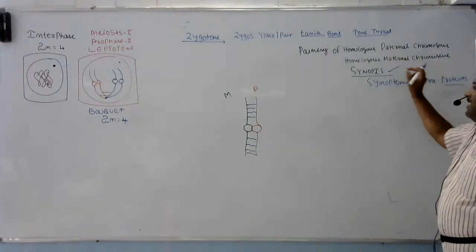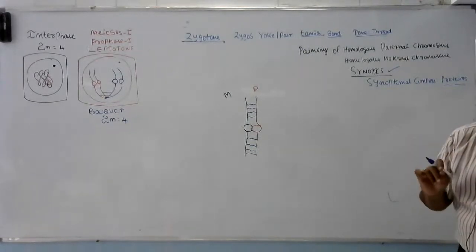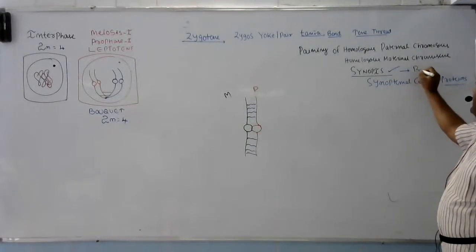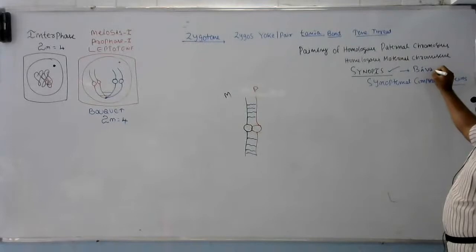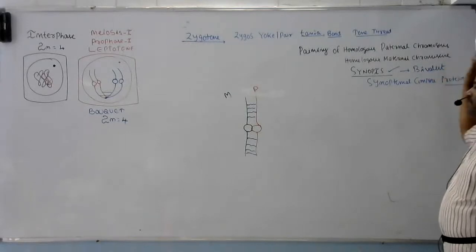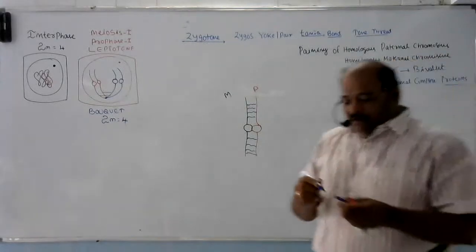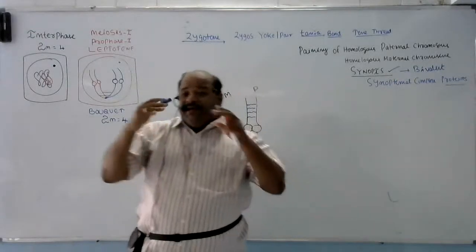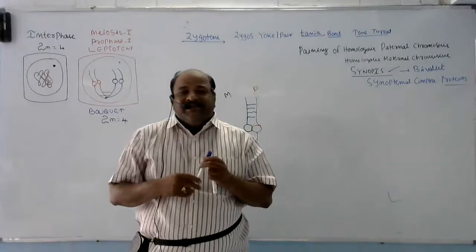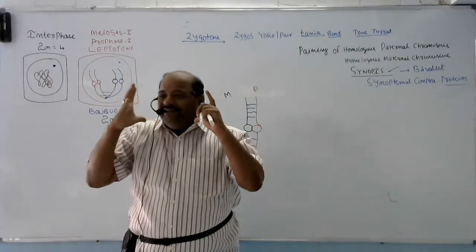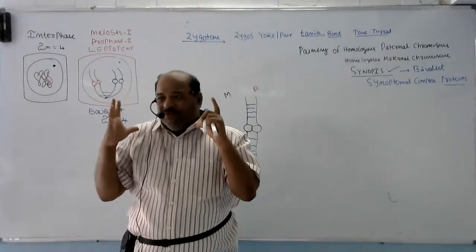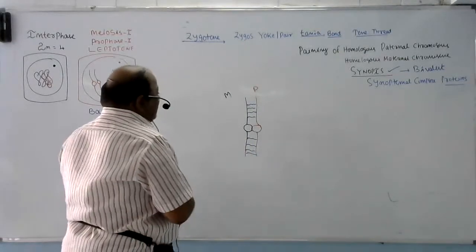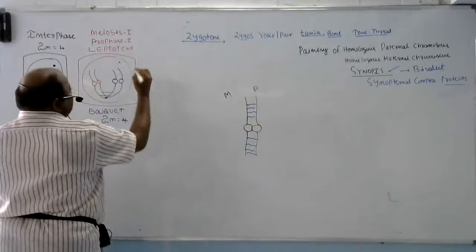The process is called synapsis, and the pair is called a bivalent. Chromatids are already formed, since synthesis occurred during the replication process. So here the chromatids are not very clearly visible. It is invisible. So I would like to sketch the diagram here. Observe here.